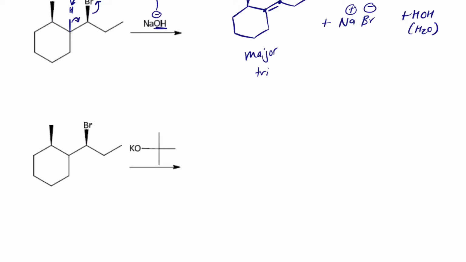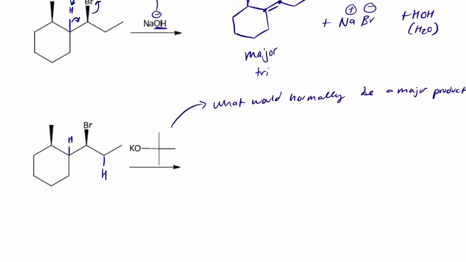And so what happens is we have an H here and an H here that we can take off. And when you use potassium tert butoxide, what would normally be a major product ends up being minor.